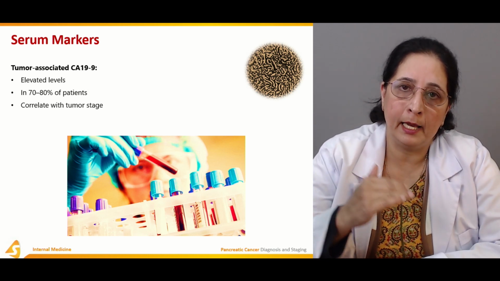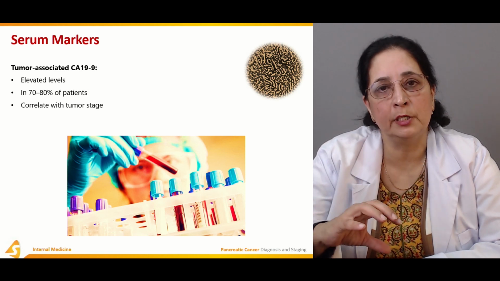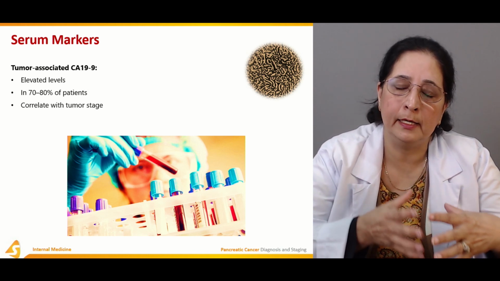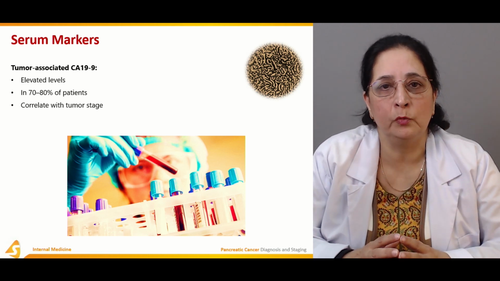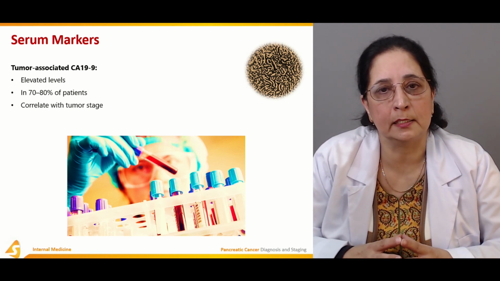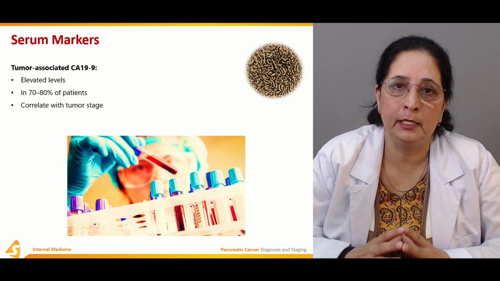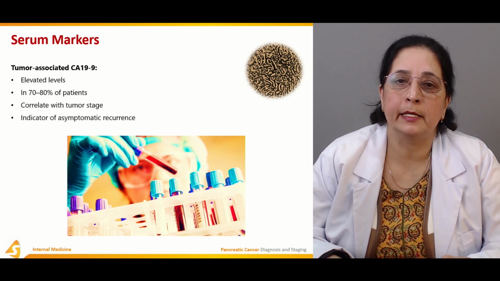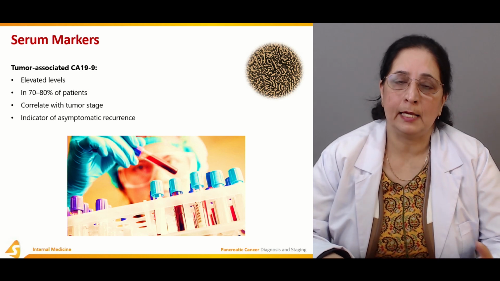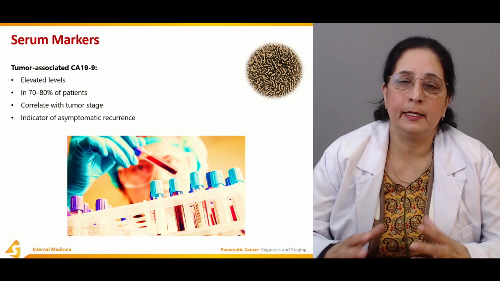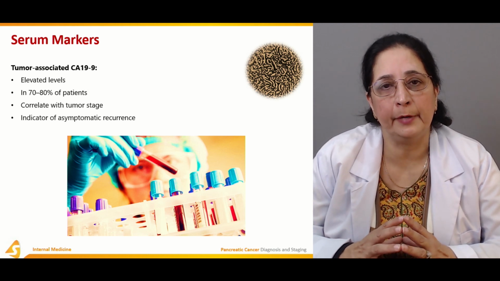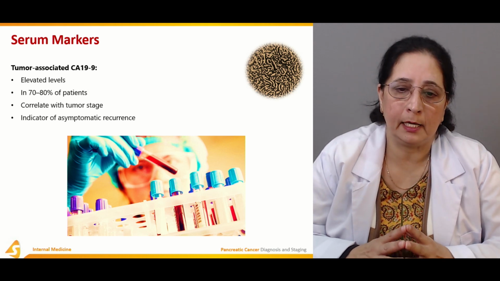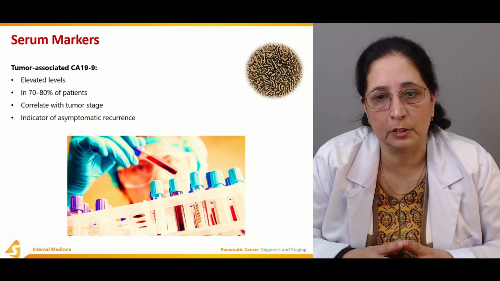If it's too high, it means the tumor stage is already advanced, and if it's not that high, it's in the early stage. Tumor marker assessment is very helpful in staging pancreatic cancer. It's also an indicator of asymptomatic recurrence. If it's high and the patient is asymptomatic, this indicates the patient has pancreatic cancer, but there were no symptoms or clinical features present.